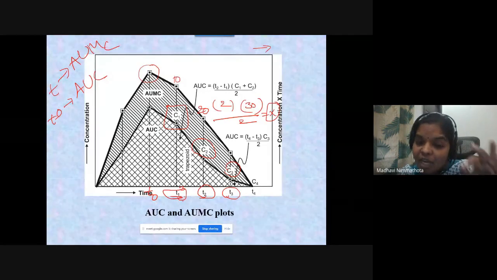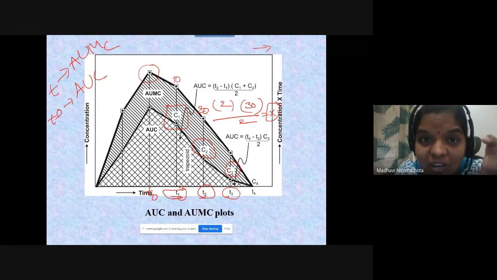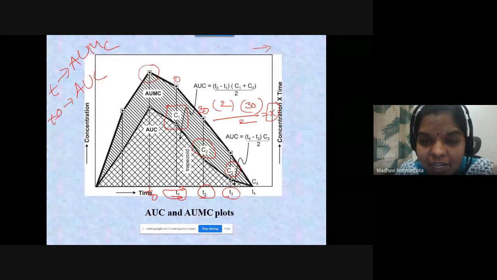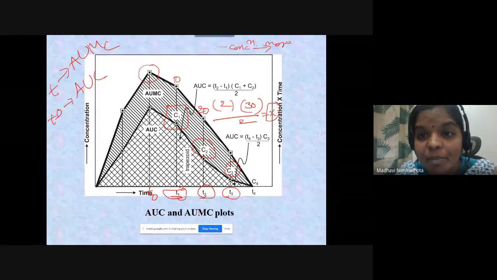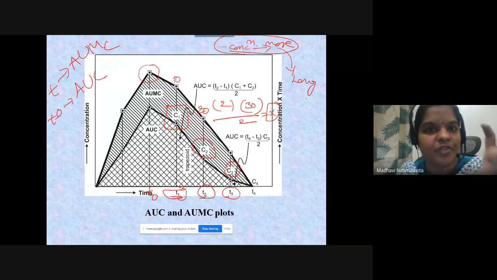Then the time is passing on, that is 3 hours, 5th hour, 6th hour. But we get the particular time here, we need to subtract it. We need to subtract the time here. And then for each and every time, the concentration of the drug is more. Why? Because it is residing in your body for long periods of time.